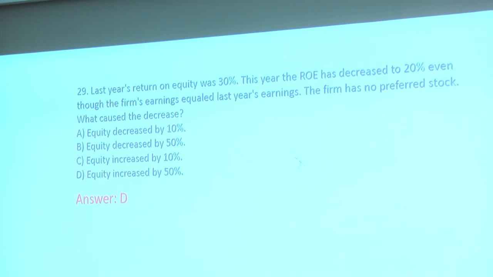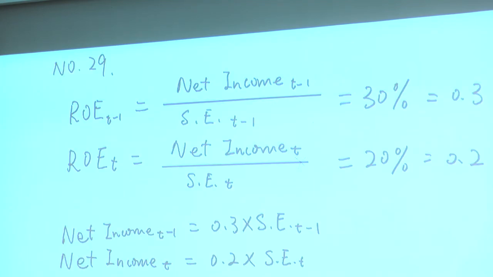Keep reading. Even though the firm's earnings equaled last year's earnings, what is earnings? What's the other name for earnings? Net income. The firm has no preferred stock. What causes the decrease? So let's structure it out.